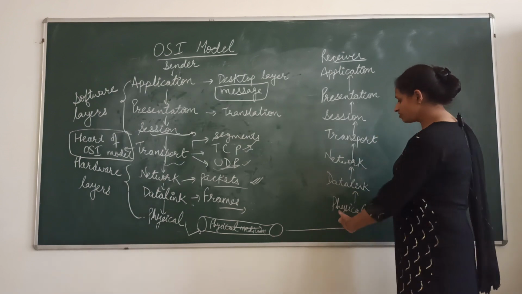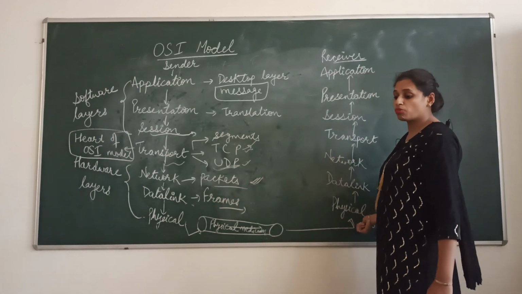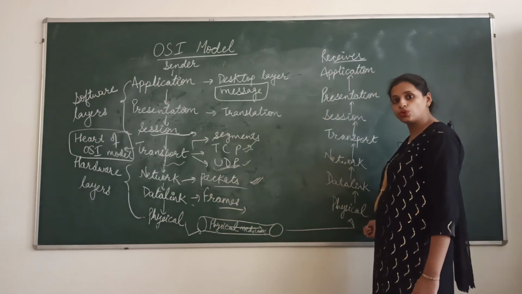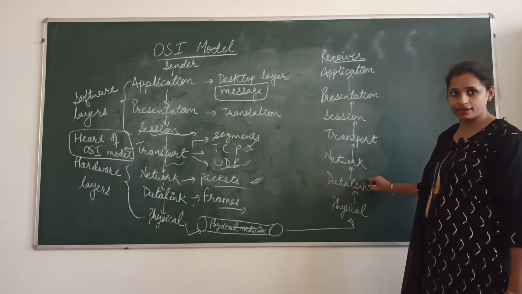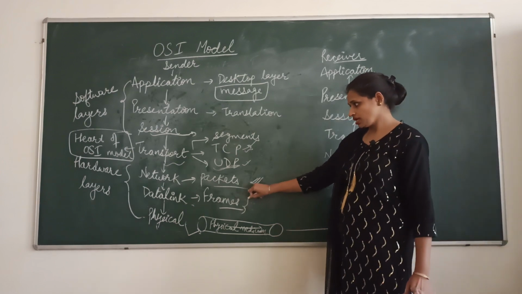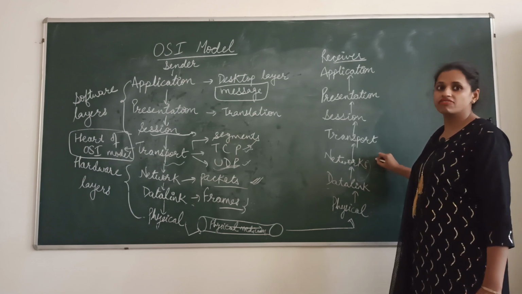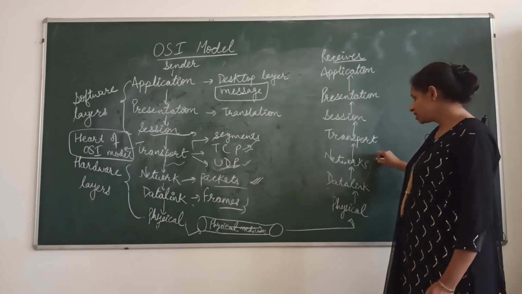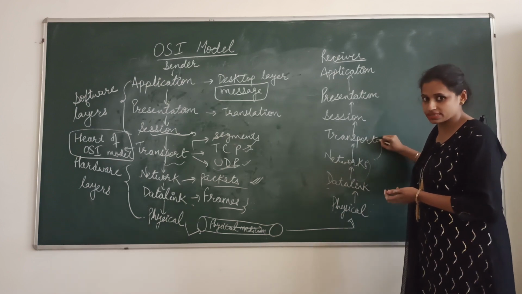The data from the physical layer, that is in physical layer, data is in the form of bits, that is in the form of 0 and 1. So then these bits are passed to data link layer where the data is in the form of frames. Then this is passed to network layers where the data is in the form of packets. Then in transport layer, that is in the form of segments.